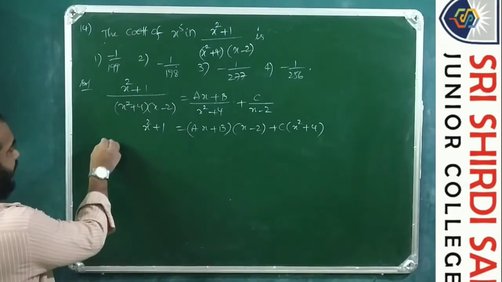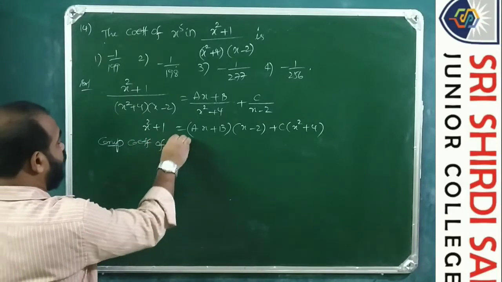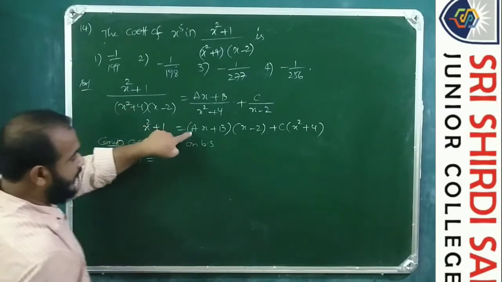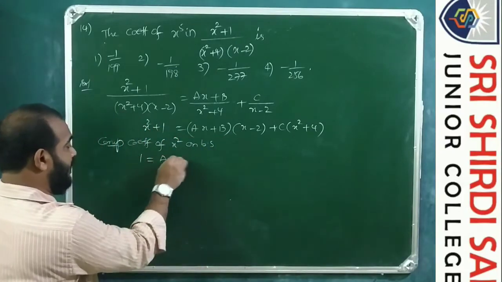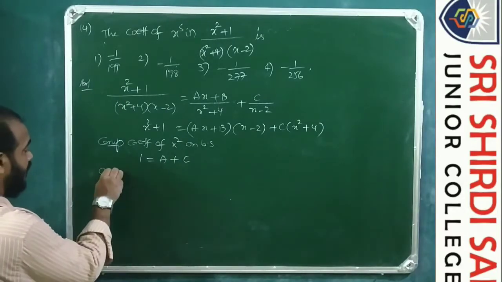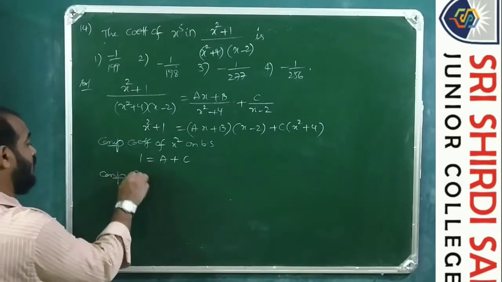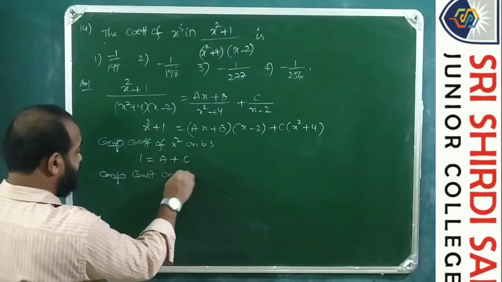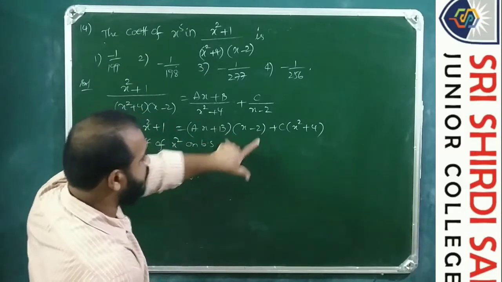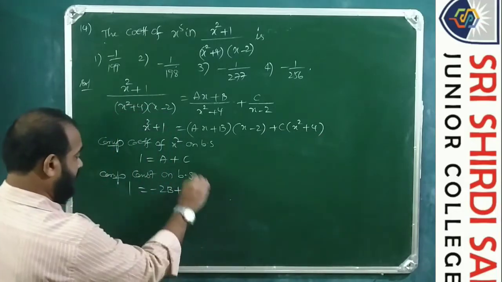So here comparing coefficient of x square on both sides, 1 is equals to a plus c. Now comparing constants on both sides, 1 is equals to b into minus 2, minus 2b, plus c into 4, 4c.